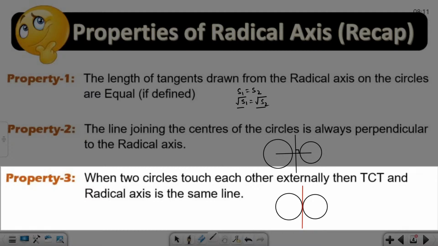For the radical axis, we will simply subtract the equation of one circle from the other to get its equation, right? So when two circles touch each other externally, then the transverse common tangent and the radical axis are one and the same line.